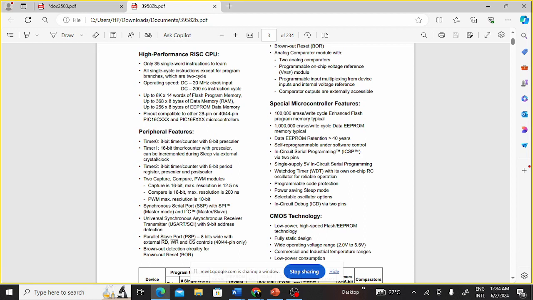It says it's an 8-bit timer or counter with 8-bit prescaler. I explained what a prescaler is, and don't worry if it's still not clear. It's a divider that divides the main clock. So you can divide this 20 by 8 and have that timer run here, so that your timer doesn't run out of 8.